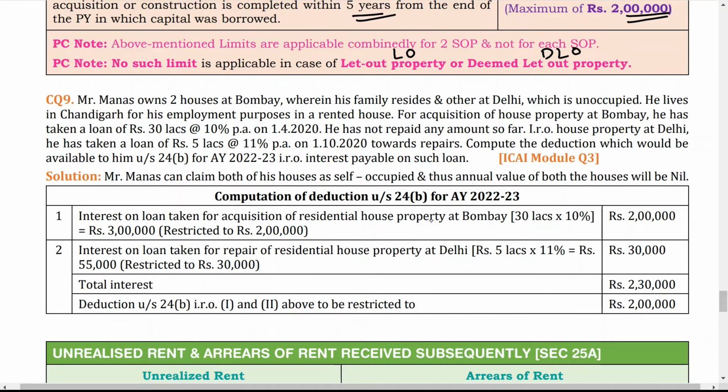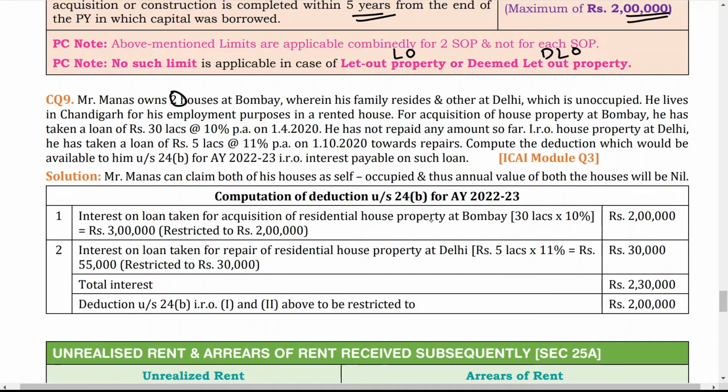Mr. Manas owns two houses, one at Bombay wherein his family resides, and the other at Delhi, which is unoccupied. This is one example by which you can clarify your doubt. He lives in Chandigarh for his employment purpose in a rented house.